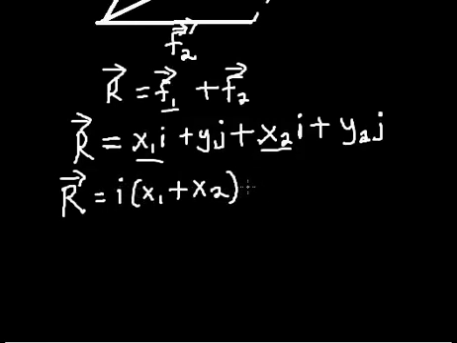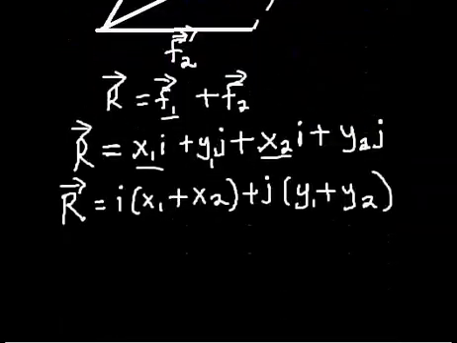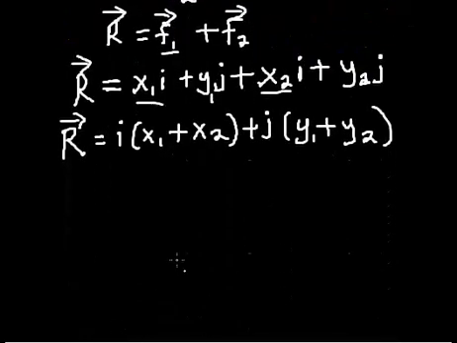Then the same thing happens with y. So j becomes y1 plus y2. I hope that is well understood.